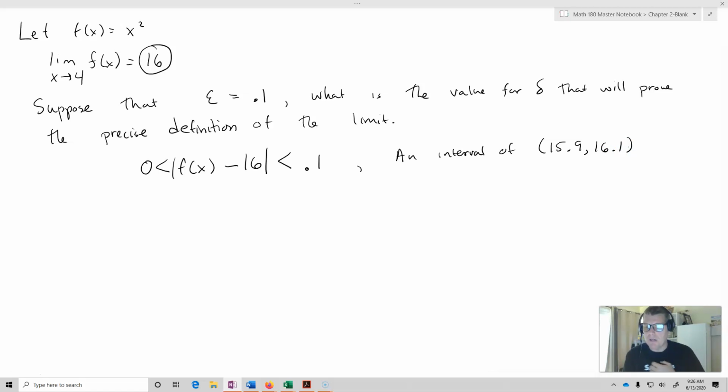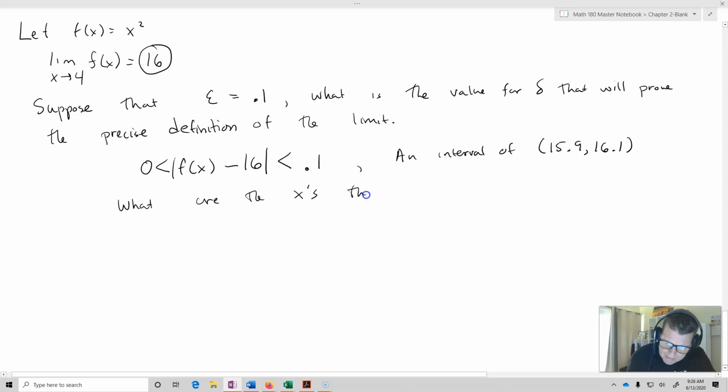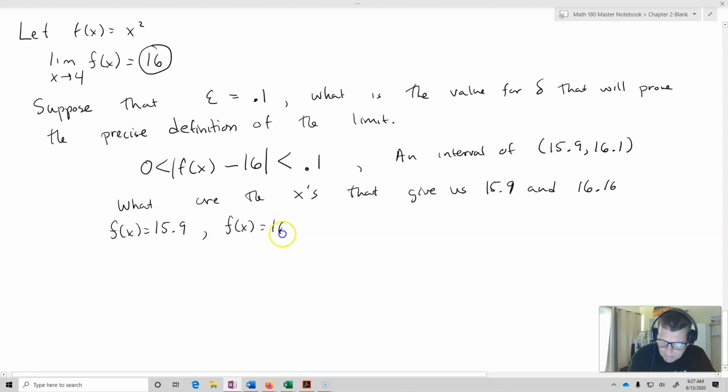So we've got an open interval of 15.9 to 16.1. Now we need to define what are the x's that give us 15.9 and 16.1. So we have f of x equals 15.9, and f of x equals 16.1.